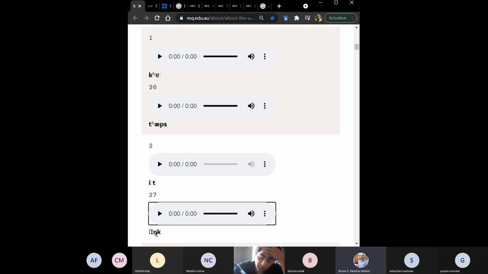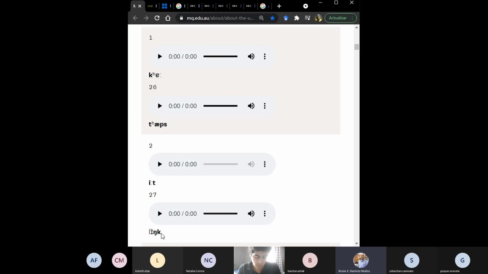Usually the n becomes velarized, meaning that the k and the g are velar sounds, right? And as you are pronouncing this n, and the word is getting ready for the next sound, it becomes the velar nasal and not an alveolar n. It's not link.